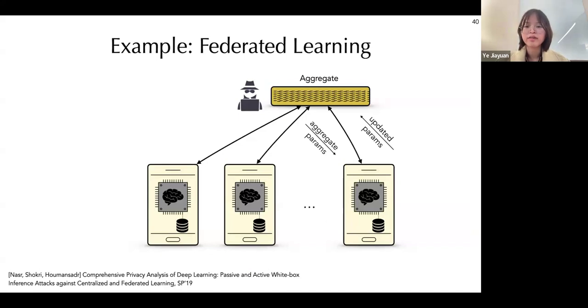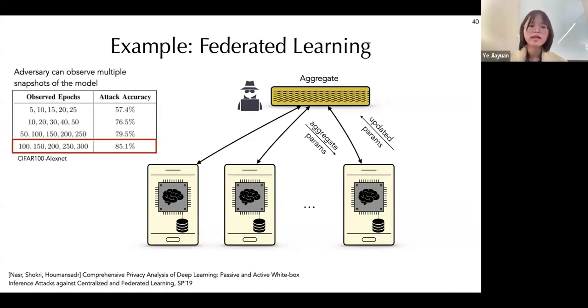For the federated learning setting, the adversary has the freedom to exploit the aggregate parameters and updated parameters across multiple communication rounds. To this end, an interesting observation is that the membership inference attack performance indeed goes up when the adversary observes multiple snapshots of the trained model. And interestingly, when it observes the later phases of the training, the attack accuracy is better than when it observes earlier epochs of the training.